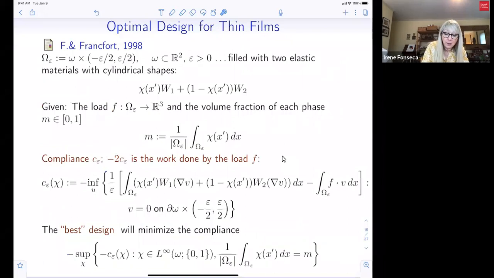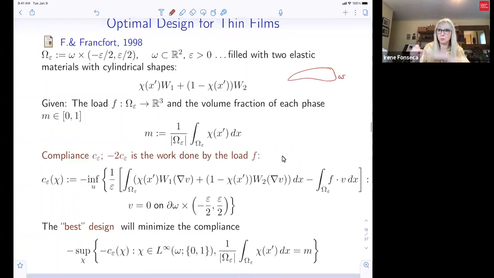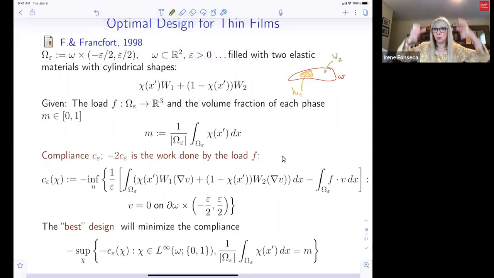And so now again, so if I want to make a picture here, if this is, say, little omega, which is the cross section, and you're going to have here patches of, say, W1, and on the complement, so you put W2, and I'm going to consider I have cylindrical inclusions.